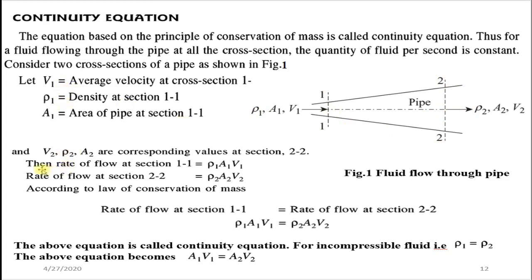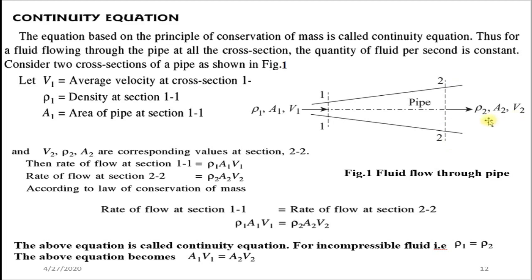The rate of flow at section 1,1, that is mass flow rate through section 1,1, is ρ1 into A1 into V1. ρAV is the formula for mass flow rate, and at section 2,2 it is also ρAV, but at section 2,2, what is the density? ρ2. What is the cross sectional area? A2. And what is the velocity? That is V2.